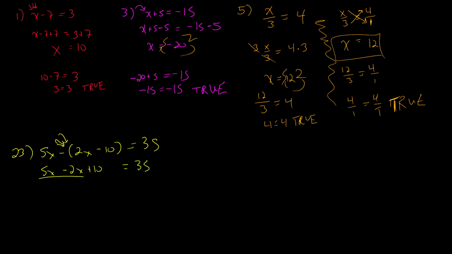I'm going to gather like terms. And so I'm going to have, not 7x, a 3x plus 10 equals 35.